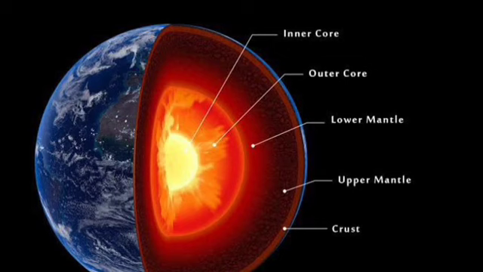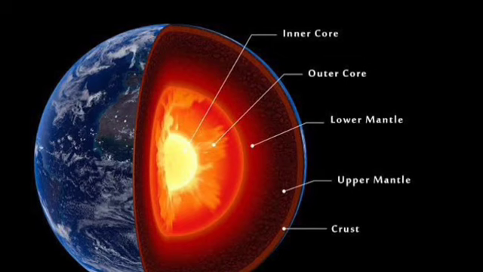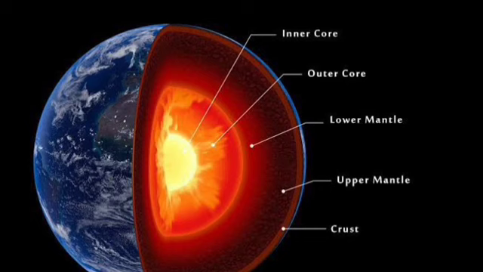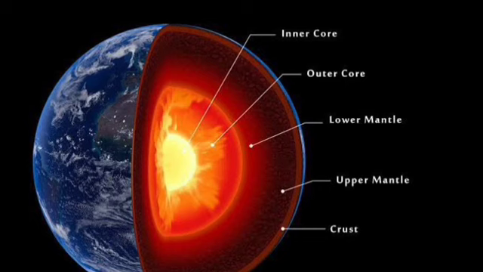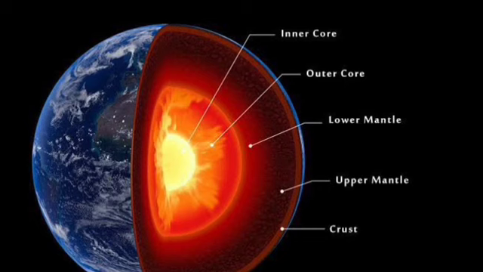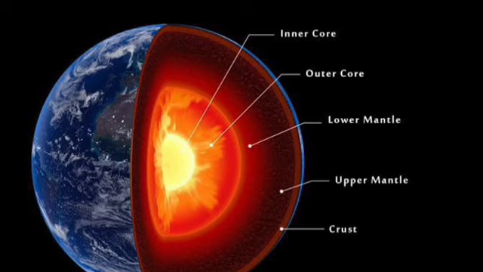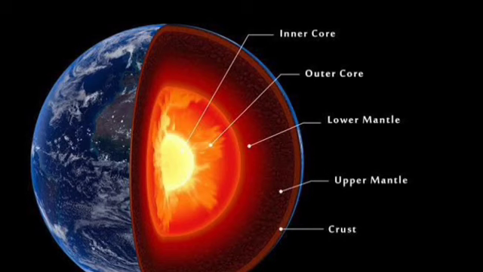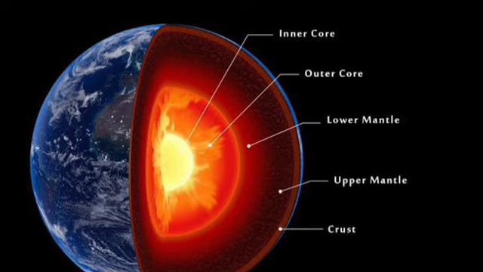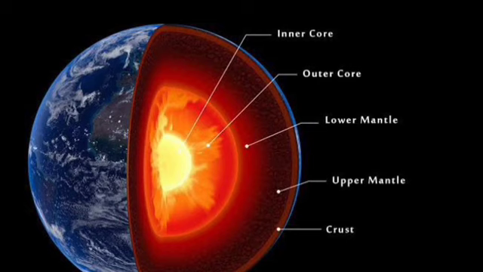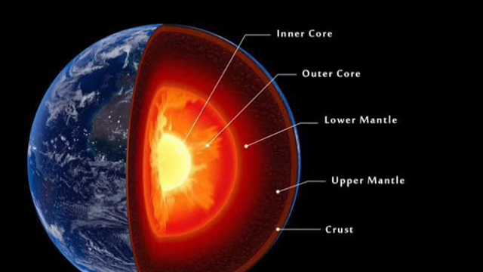Usually, the faults are formed in weak areas. The area where a fault forms is known as a fault zone. The crack present in a fault zone is called a fault line.